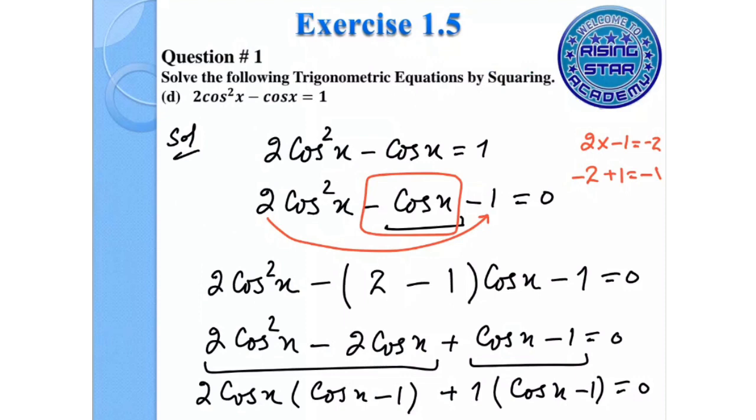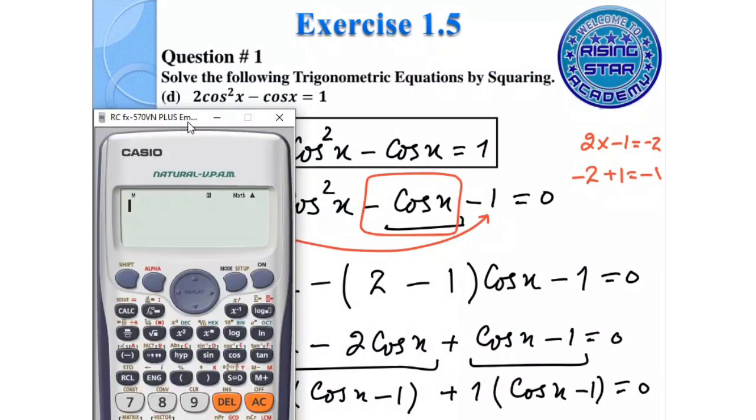Okay, this is my original equation, and I will input this equation into the calculator. I will press the mode button, and now for number 5 it is the equation, and on number 3 it is the quadratic equation. I would just put the coefficients of this one. Our first coefficient is 2, the second coefficient is negative 1, and the third coefficient is also negative 1.